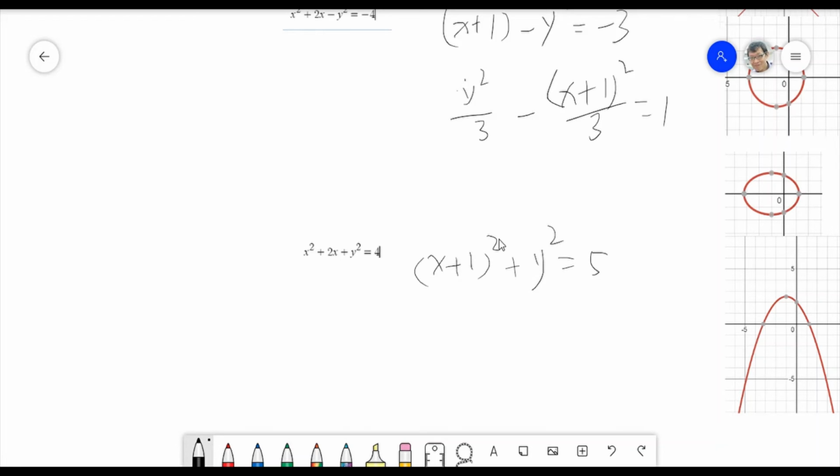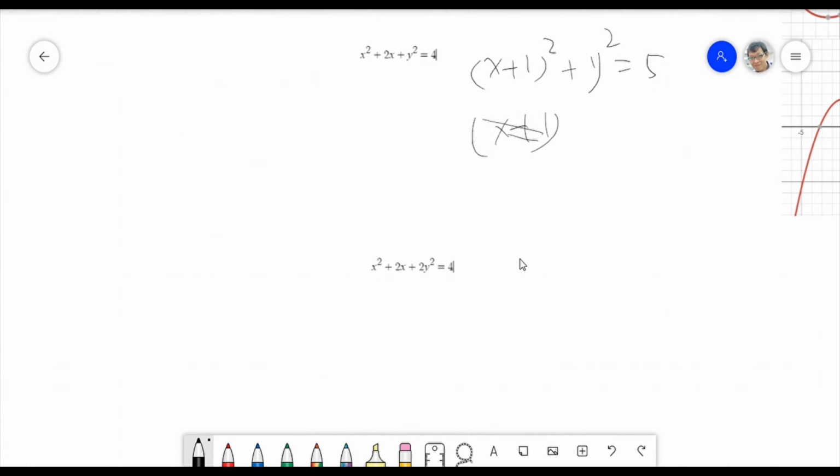Dividing both sides by 5, we get the standard equation of a circle, but the center is not at the origin. The center is at negative 1, 0. So this is a circle.